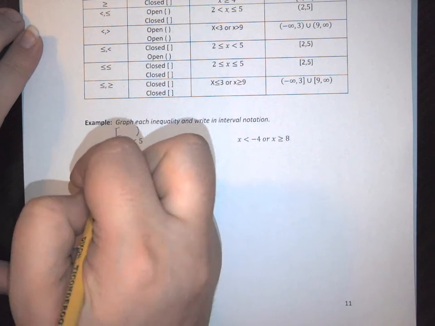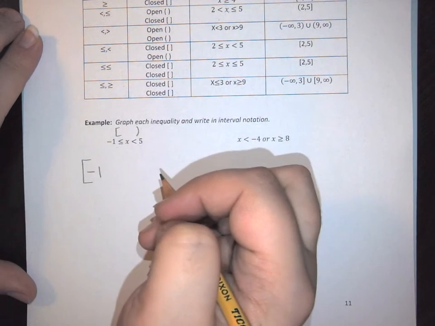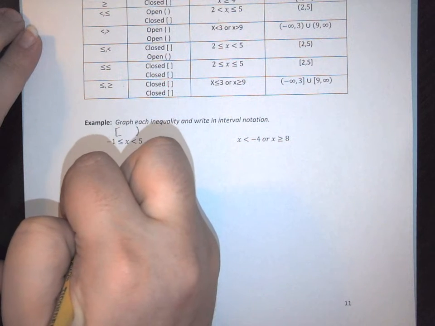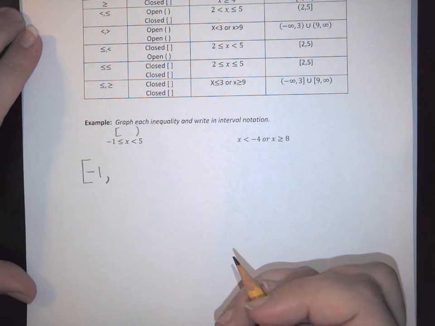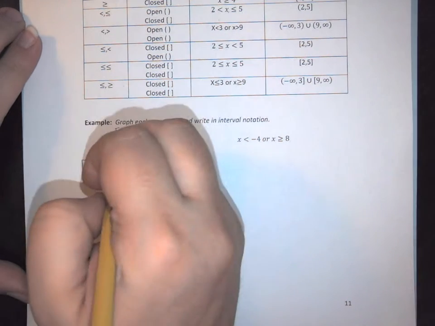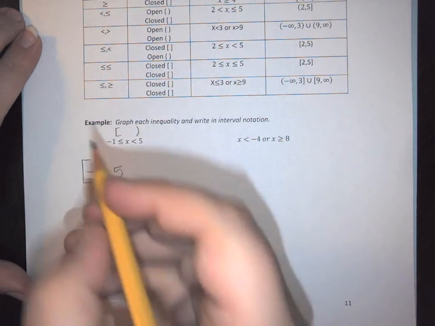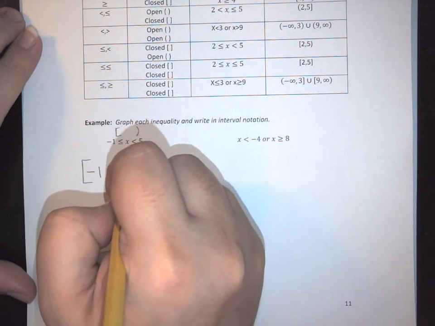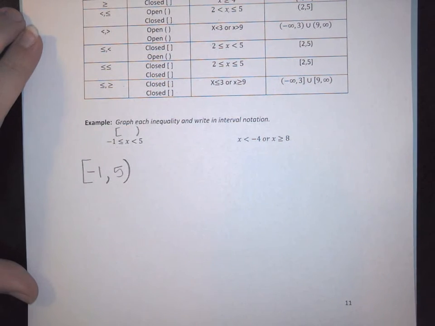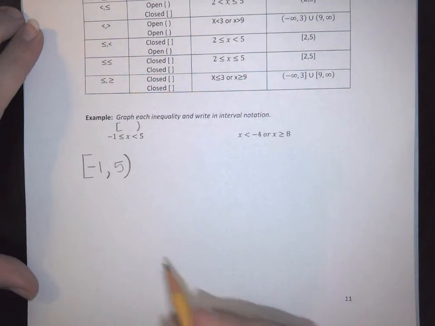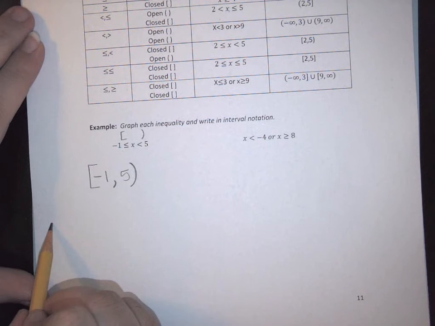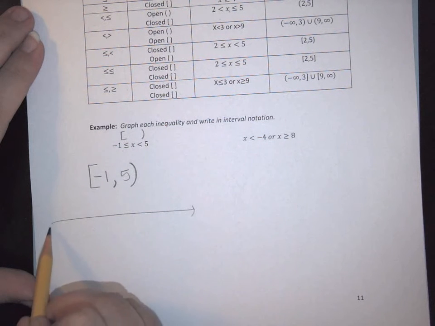So we put a bracket and then my value is a -1. A comma is going to separate the two values, and then our second value was a 5, so we're going from -1 up to 5, and then we're going to put a parenthesis around the 5. Now that is interval notation. Your interval and your graph should look the same and match.